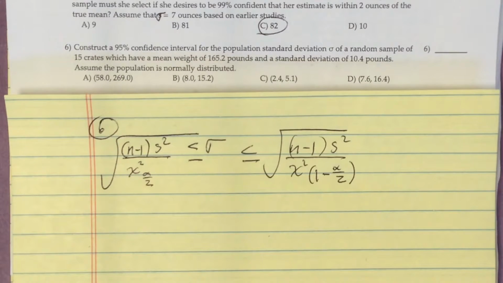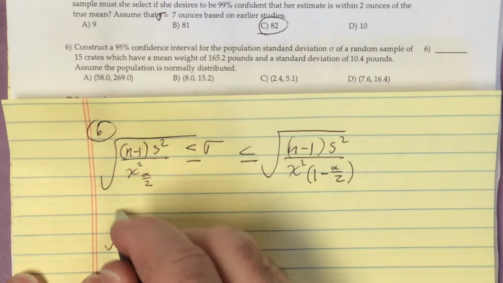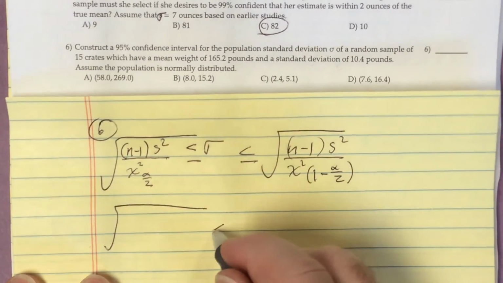So these are values that we will need to obtain from a table. I do have a copy of the table here that you'll be able to utilize, and I'll show you how to utilize this table. Unfortunately, the calculator is not going to be able to do this one for you. So here is an instance in which you will need to know how to utilize these formulas. First off, let's get some of these values in here, and I'll walk you through the rest.